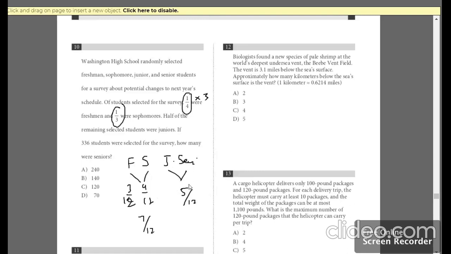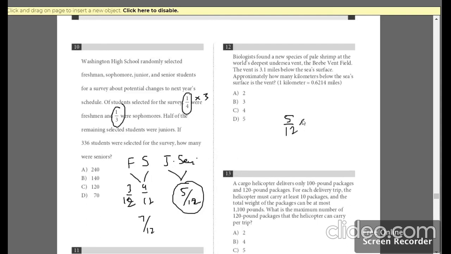So what we have to do is, since we have to work it out with the remaining, that is juniors and seniors, if half of them were selected, so 5/12 we are going to multiply with 336. So as I said, 5/12 times 336 will give us the remaining students.